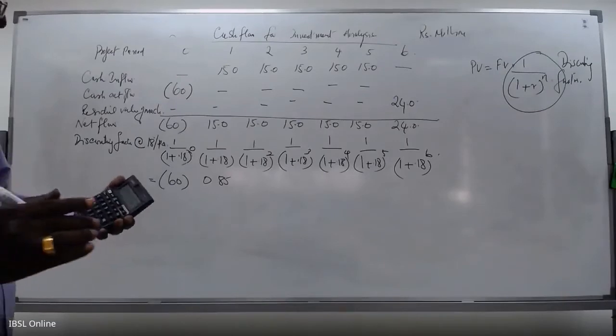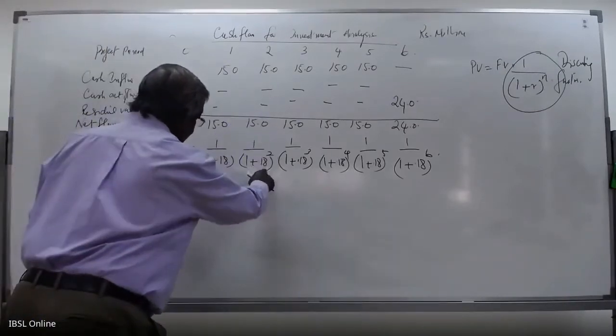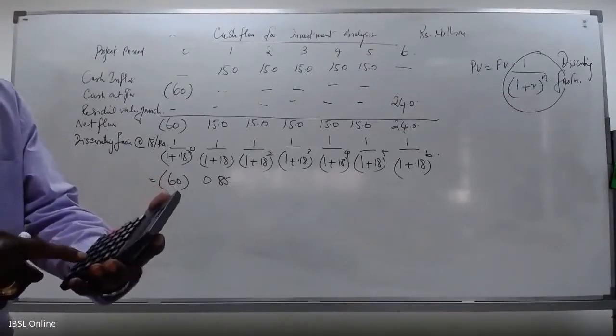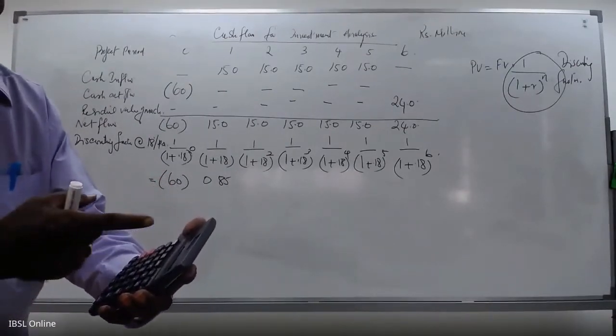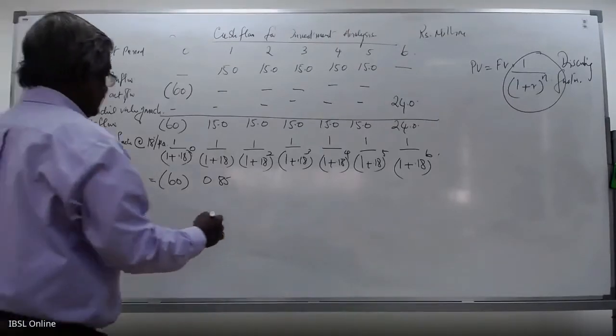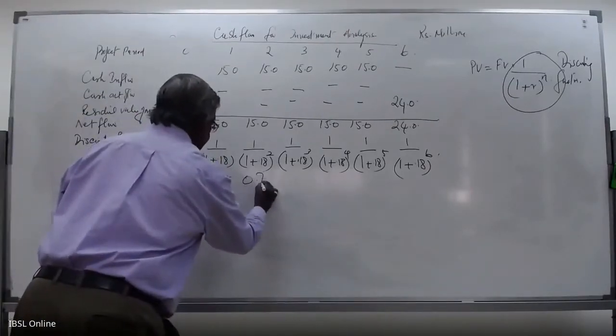So again what I have to do? Again I have to divide by 1.18. Put equal sign, you get 0.72.